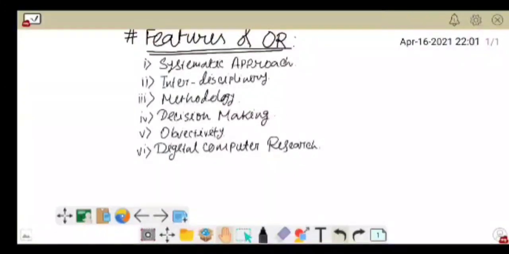So you can make your own decision from your own point of view. Decision making is going to happen on the product of that research.